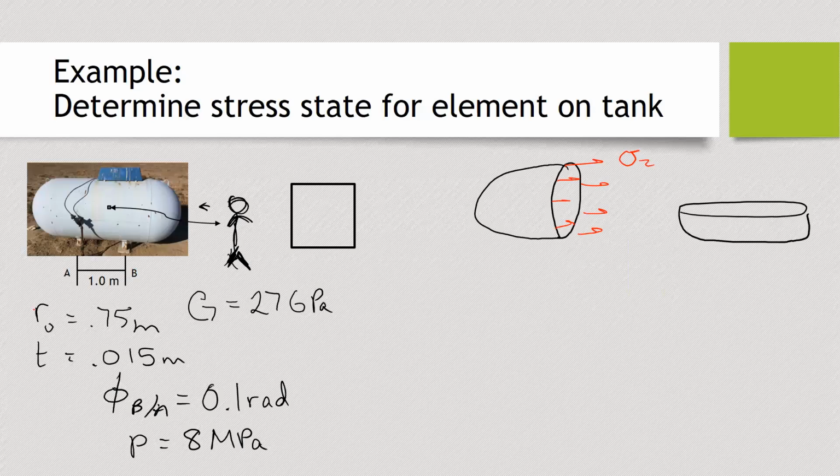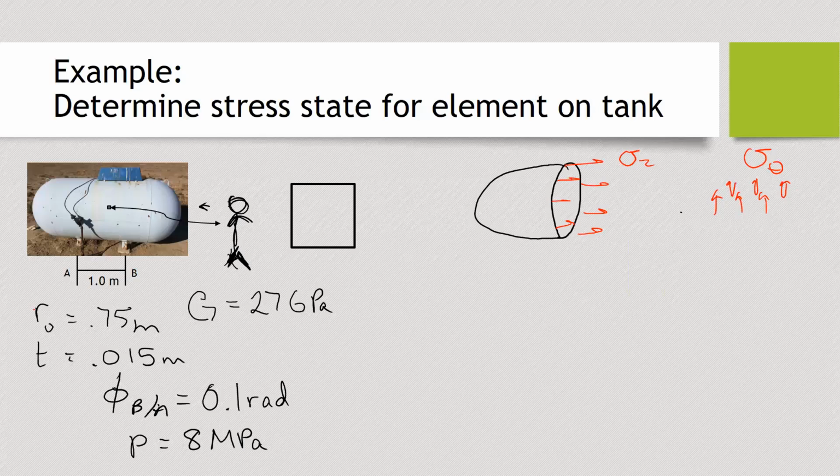Perfect, thank you. And the other figure with the horizontal cut? Yes, thank you. That is sigma theta. And let me just erase them from the end cap portion just for clarity.